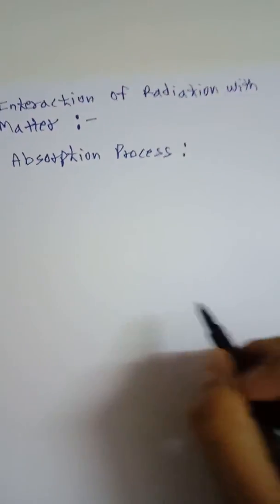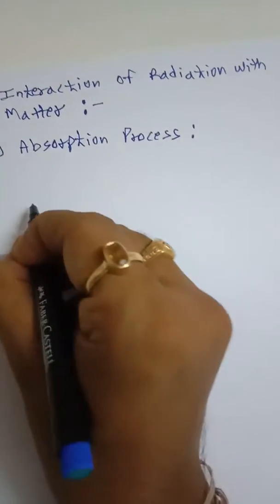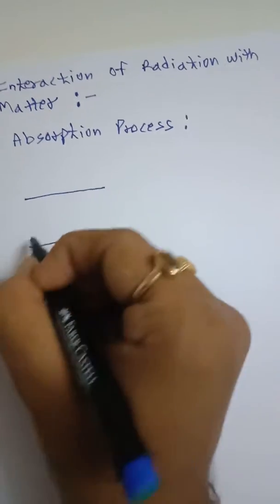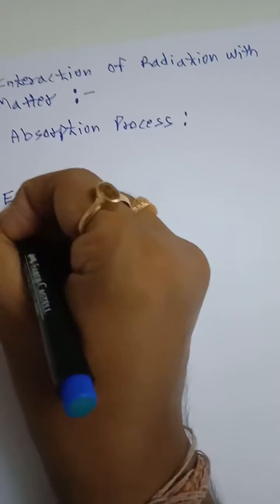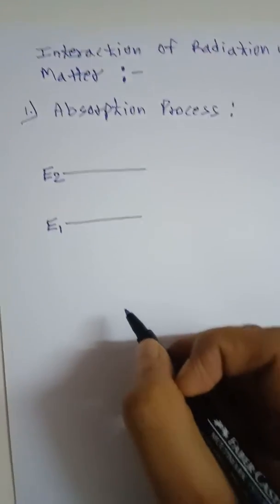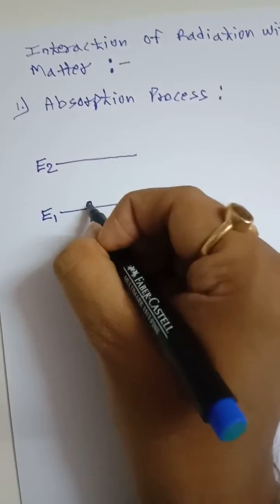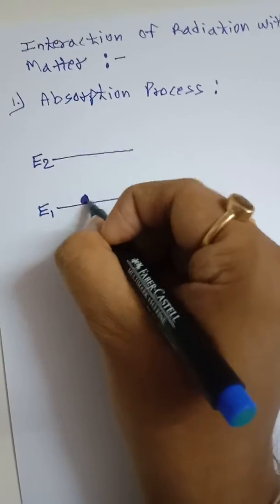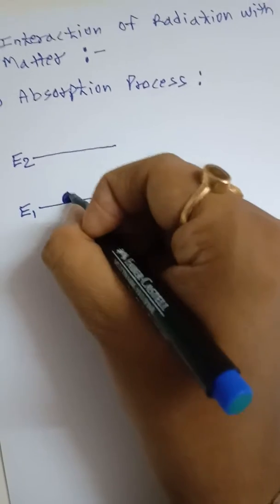We say there are two energy levels. This is E1, the ground state energy level, and this is E2, the excited state energy level. In the beginning, atoms are present in the ground state. Let us say this is one atom present in the ground state.